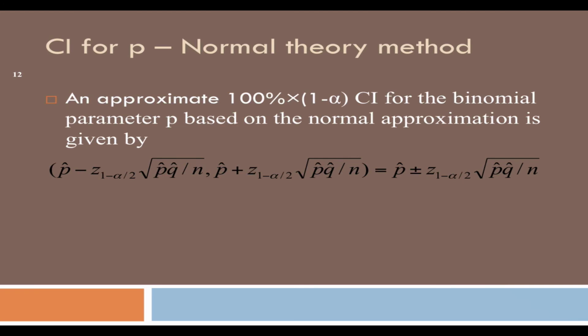And it's P times Q, so if P gets close to 50%, this gets bigger. So if you're estimating the prevalence of a more common event, this confidence interval is narrower than the scenario when you are estimating a rare event.